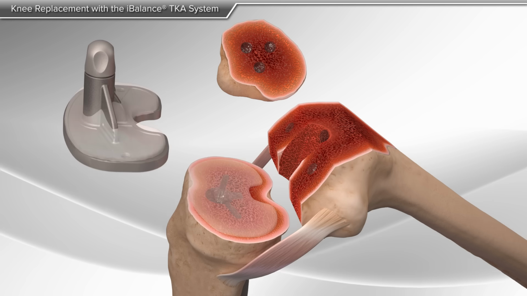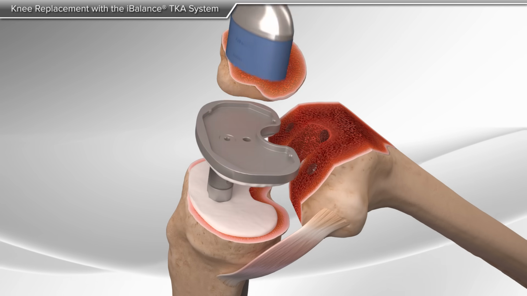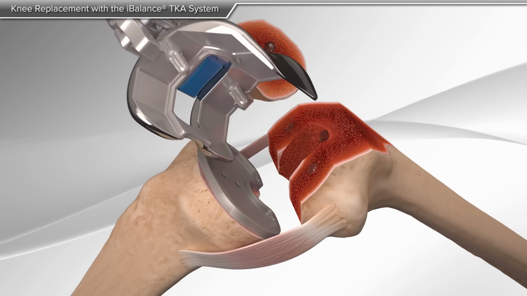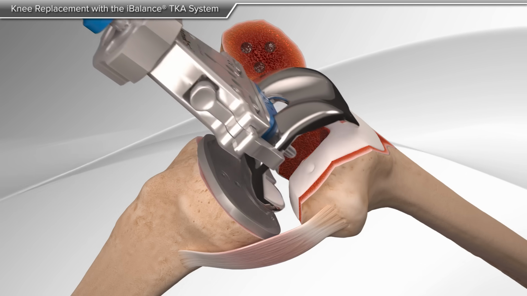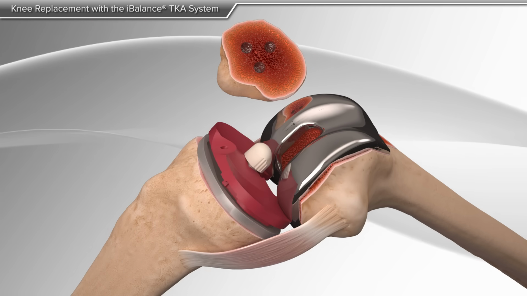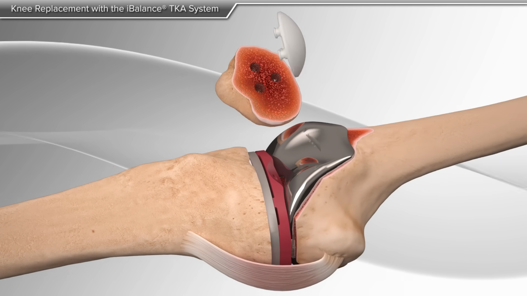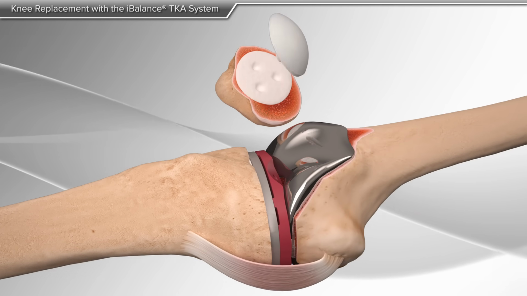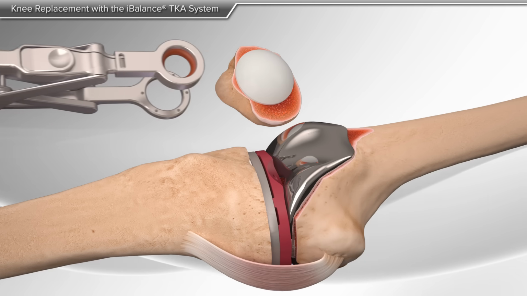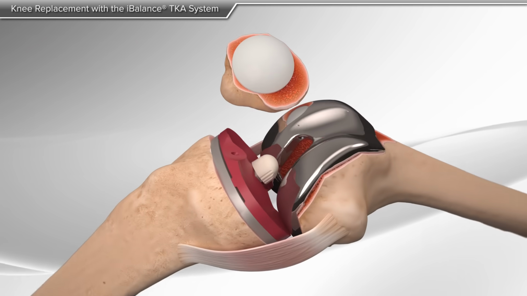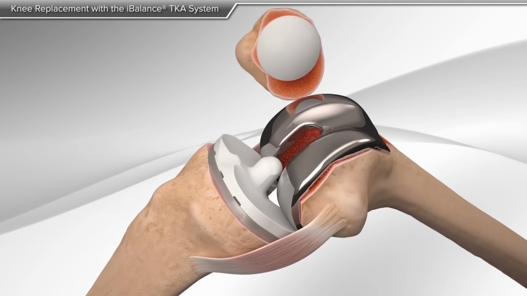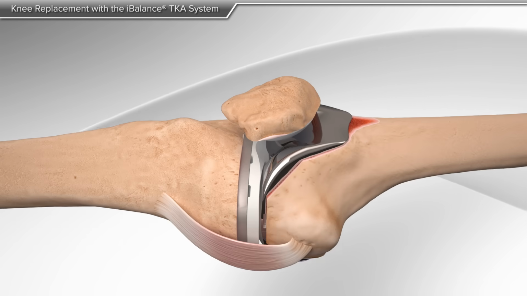Your doctor applies bone cement on the backs of the tibia, femur, and patella implants for final fixation. This completes total knee replacement.